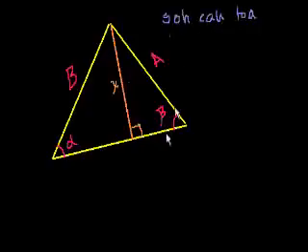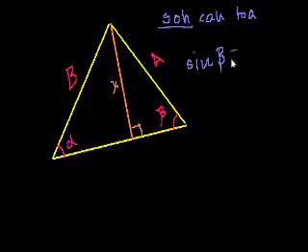Sine, right? You should probably guess that because I'm proving the law of sines. So the sine of beta is equal to the opposite over the hypotenuse, which is x over A in this case.